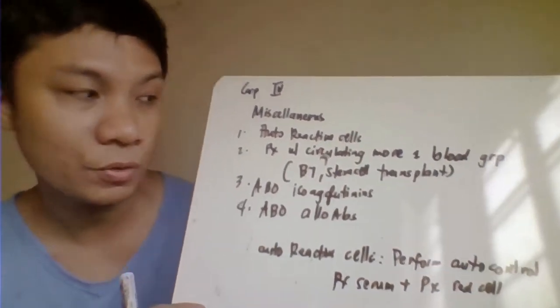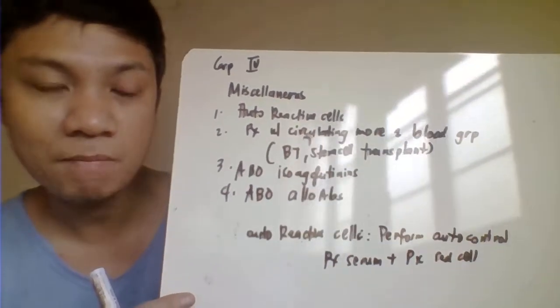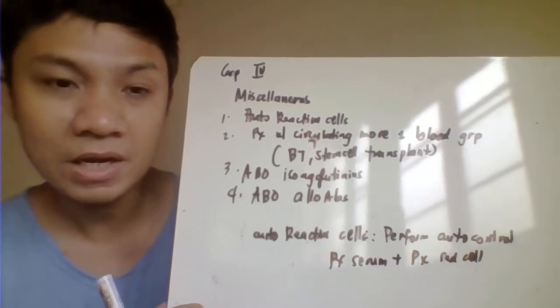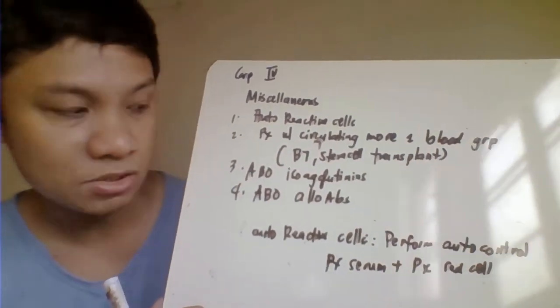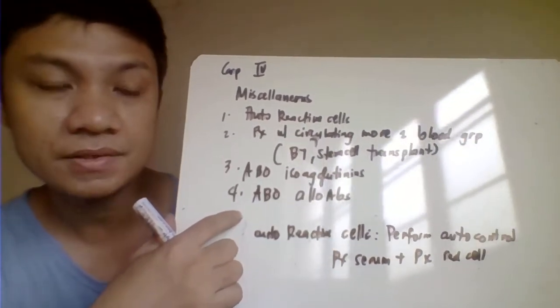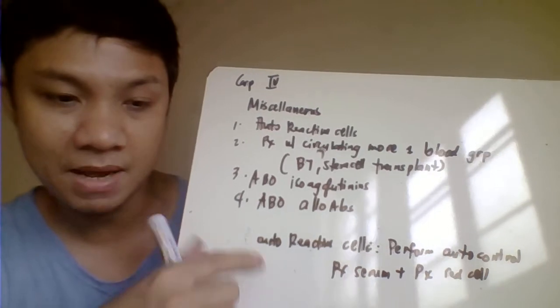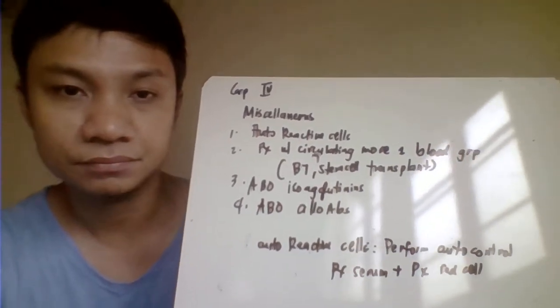That's autoimmune disorders. Another one, we have the patient's circulating blood, which would have more than one red cell population because of recent blood transfusion or even stem cell transplantation. The presence of ABO isoagglutinins, and also the presence of ABO alloantibodies. All of that is also related to your type 4 discrepancy.